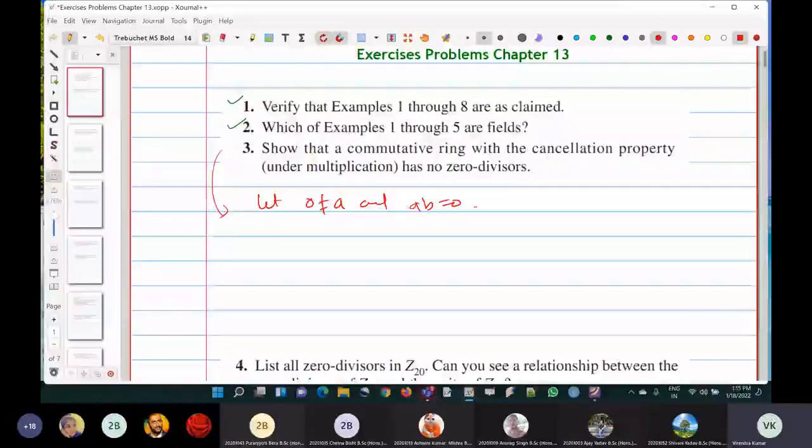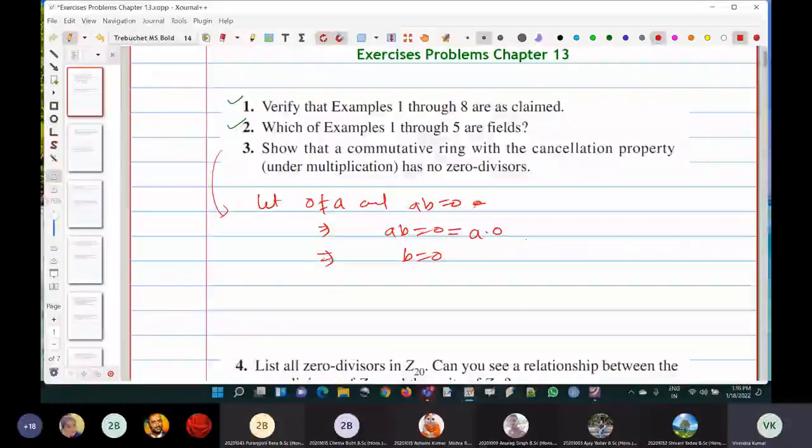We can write AB equals 0, so this implies that A times B equals 0, and 0 we can write as A times 0. Because A is non-zero and the cancellation property holds, we can cancel A, and therefore we have B equals 0.